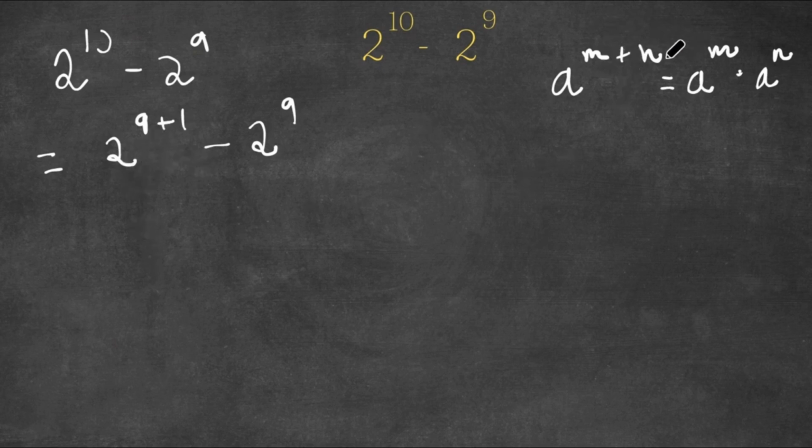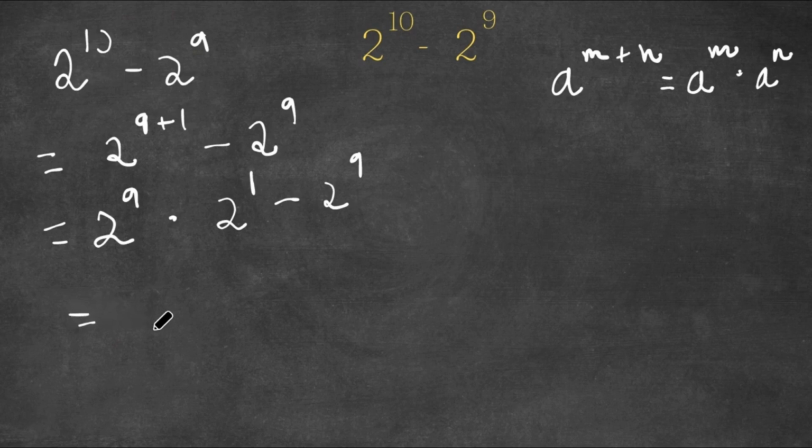So I'm going to use this property for 2 to the power of 9 plus 1. We can think of 2 as a, 9 as m, and 1 as n. So this would equal to 2 to the power of m, which is 9, times 2 to the power of n, which is 1. And now we are subtracting this with 2 to the power of 9.